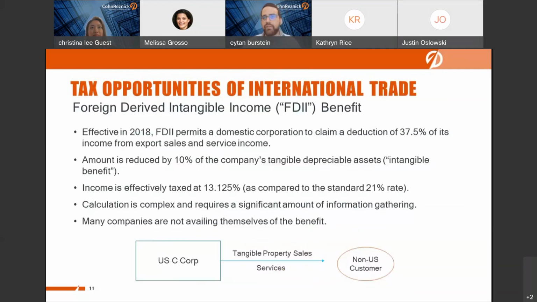I'll start with the good news, the opportunities of the 2017 Tax Cuts and Jobs Act, which was the foreign-derived intangible income benefit.